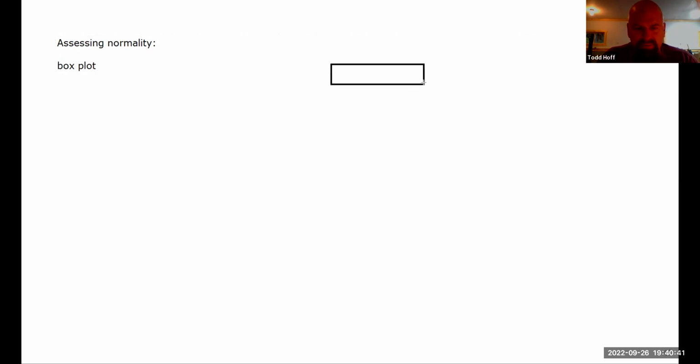If your data is approximately normal, you should have your box in the middle. The mean should be pretty much close to the middle of the box. The whiskers should be about the same length as each other, but also longer than half the box. This box plot would be something I would say is pretty close to normally distributed.